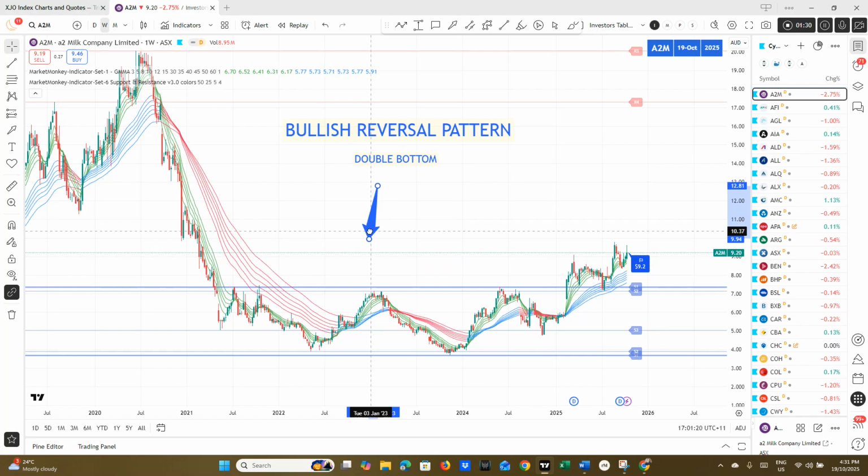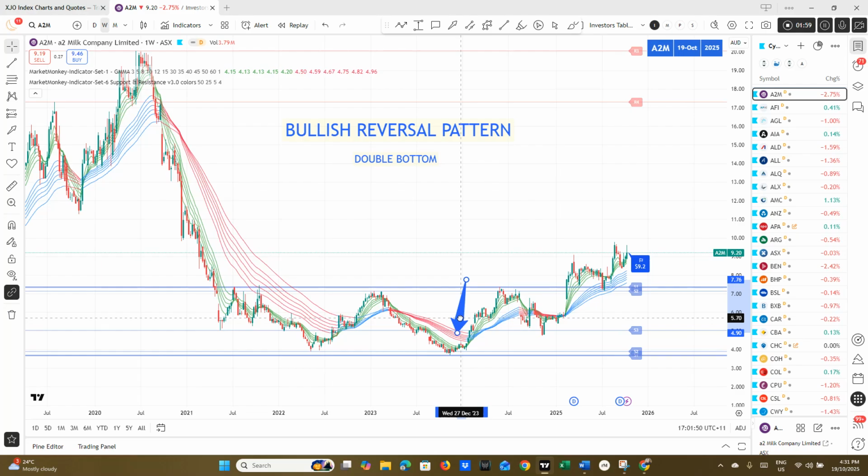I think everyone always expects chart patterns to be perfect. I don't think they're ever perfect, but you just need enough information to be able to spot these patterns. So a double bottom is formed when a stock's market price makes two attempts to break through a support level and fails.